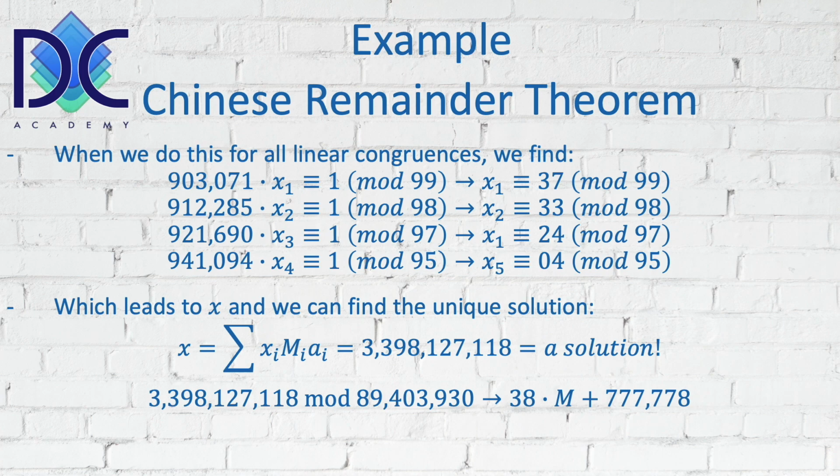We can say that this is 38 times capital M, plus the remainder is 777,778, which basically says that x is congruent with 777,778 modulus capital M, which means that the 770,778 is the addition of those two numbers.